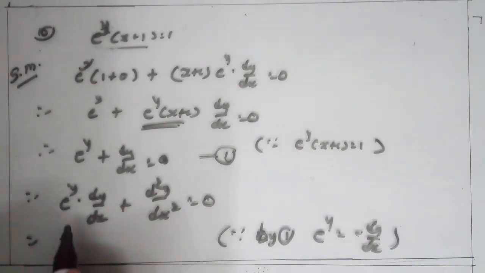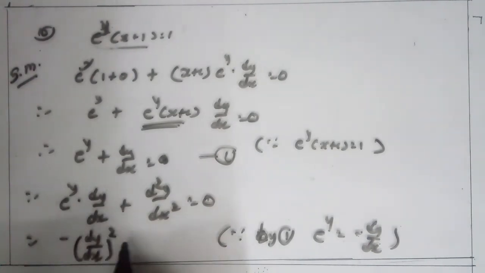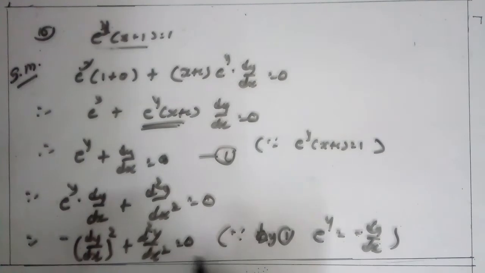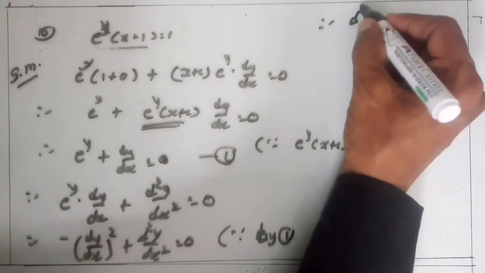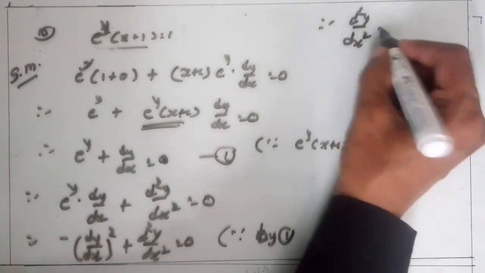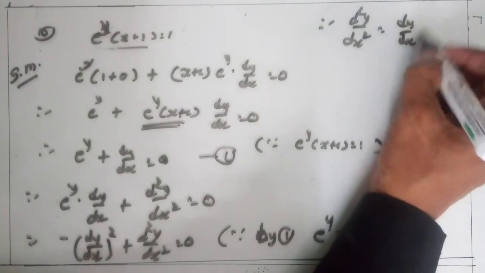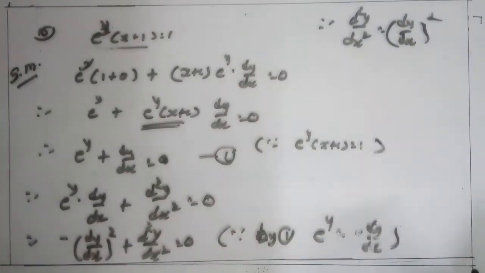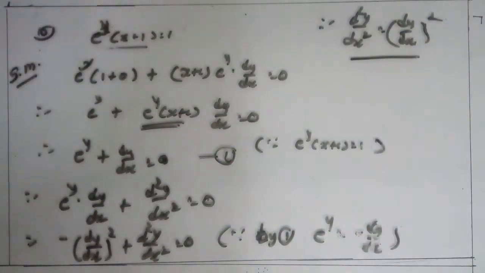So minus dy/dx into dy/dx becomes (dy/dx)². Clear this? Plus d²y/dx² = 0. Therefore take these terms to the right side, we get d²y/dx² = (dy/dx)². Clear? So remember this second method. Think how to solve this type of question. Important question, remember this.